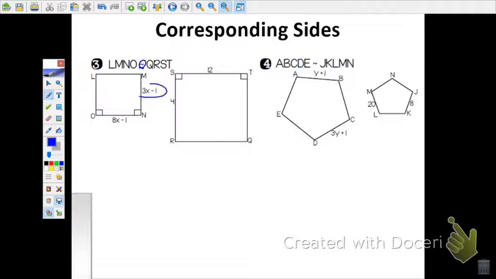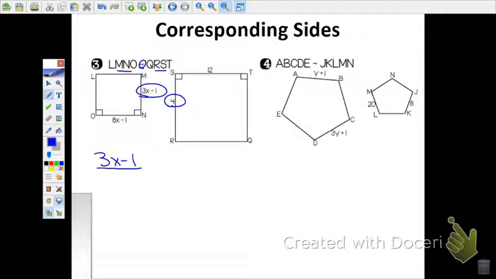So if I start with MN, which is 3x minus 1, what does that correspond with in my second quadrilateral? MN is RS. RS is 4.